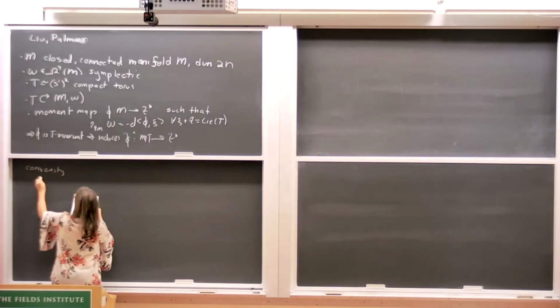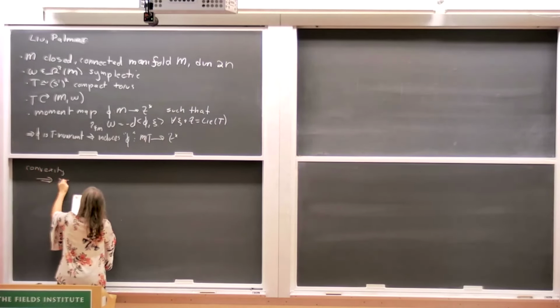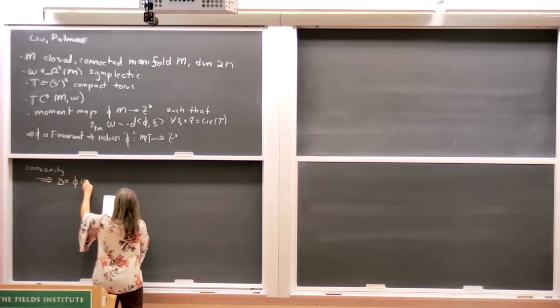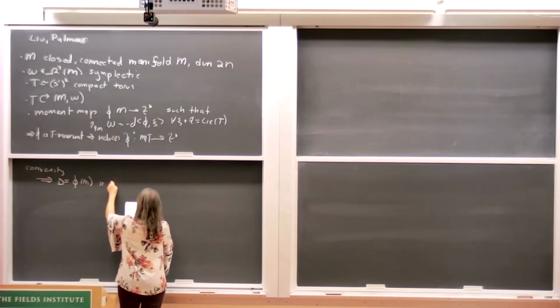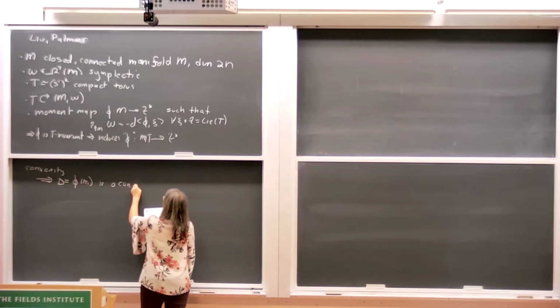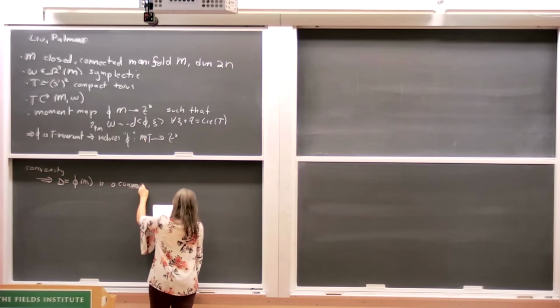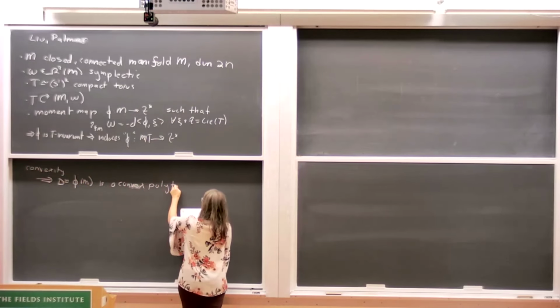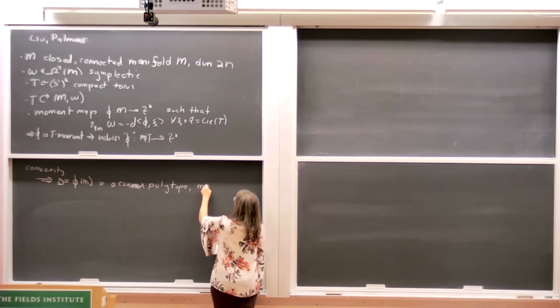Okay, so this implies some important things. One is called convexity, which is that if I look at the moment image, it's a convex polytope, which I call the moment polytope.